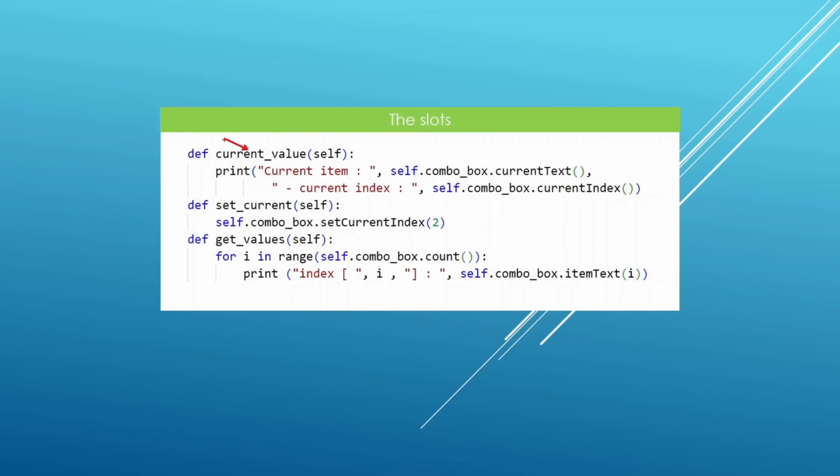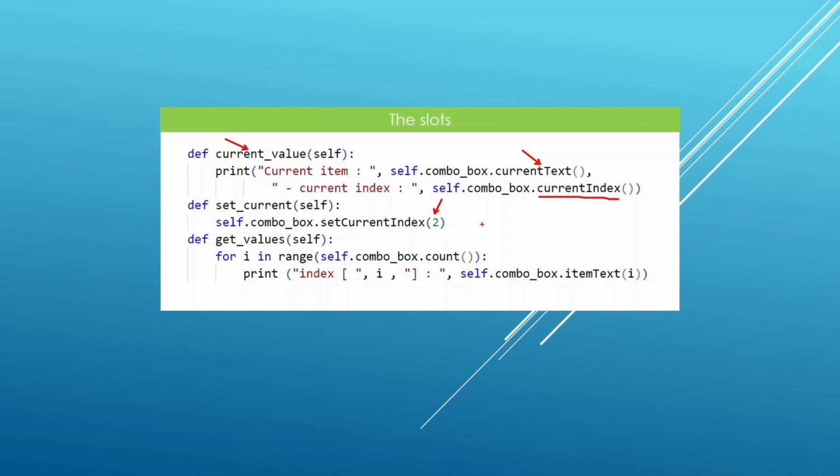To get to the current value, we will be calling the currentText method. And we can also call the method to get the current index if you need that in your Qt application. We can also set the current item by passing in the index. So we will say the current item is the item at index 2.